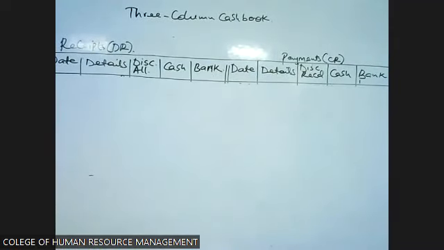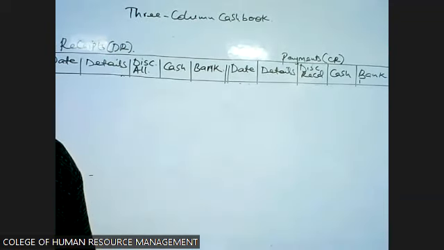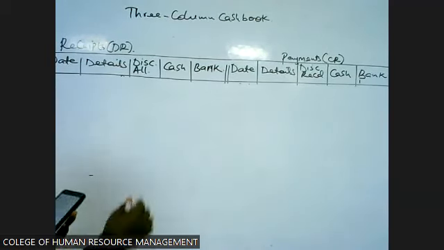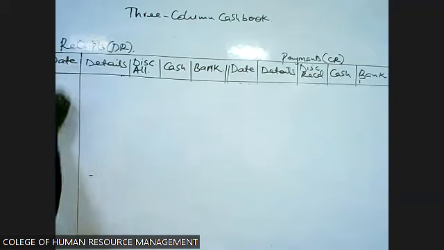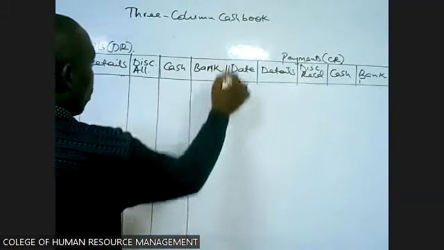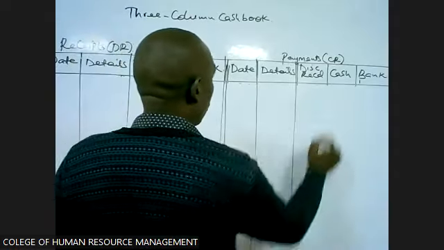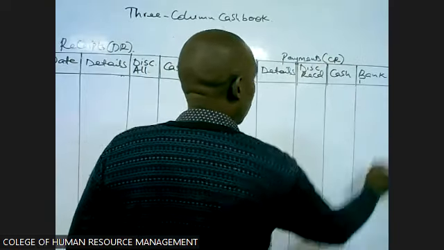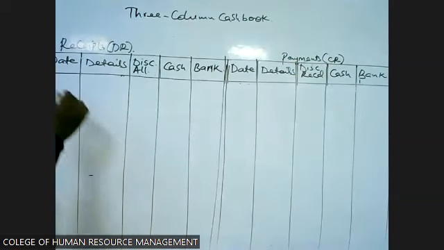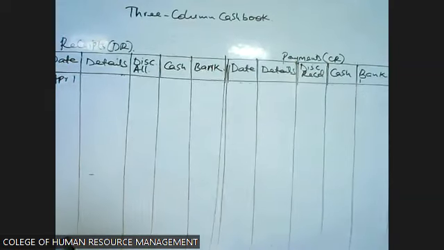So question 3 says that on 1st April 2018, Viewmax Limited had a cash balance of 100,000 and a bank overdraft of 25,000. So I told you an overdraft, this is a credit balance. So we have April 1.